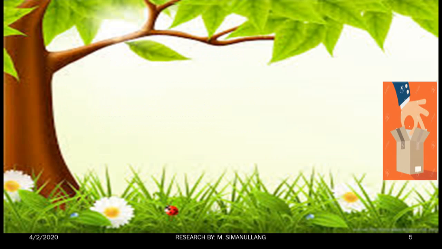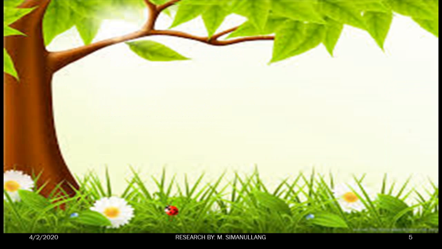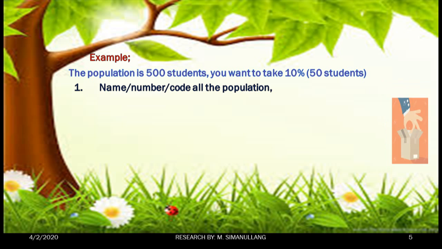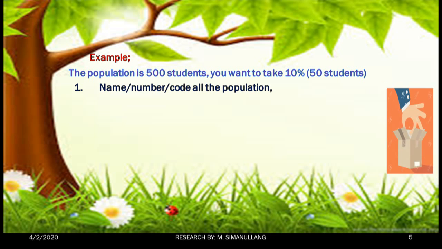Now let's have an example by applying the lottery method. In our example, the population is 500 students, and we are going to take 10% from them, or 50 students, to be our sample. So by following the procedures, we need to name, to number or to code all the students.